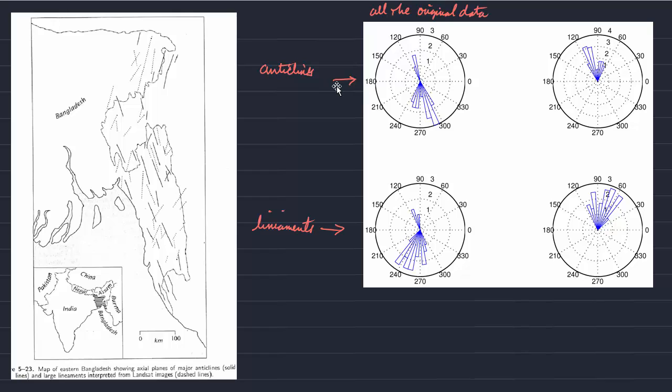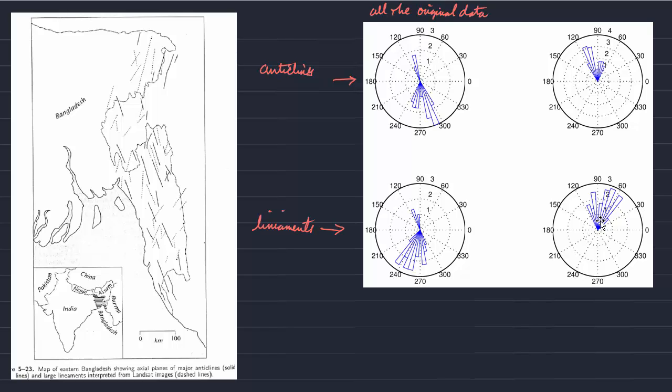So I went through method 1 and doubled the angles and subtracted 360 from those that exceeded 360, and I got this distribution. That method is valid, again, because all the original angles are defined to be greater than 0, and the total spread of the orientations is less than 90 degrees. I did the same for the lineaments, and I got these orientations for the lineaments.